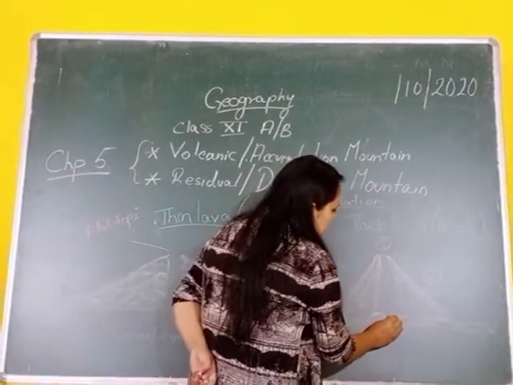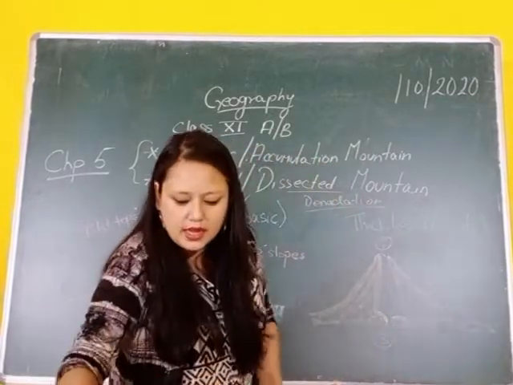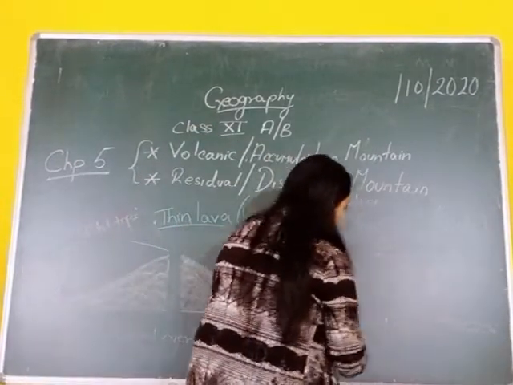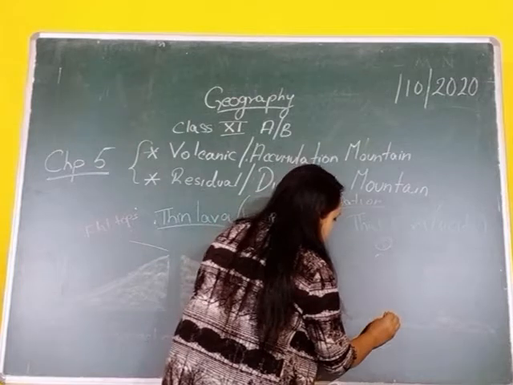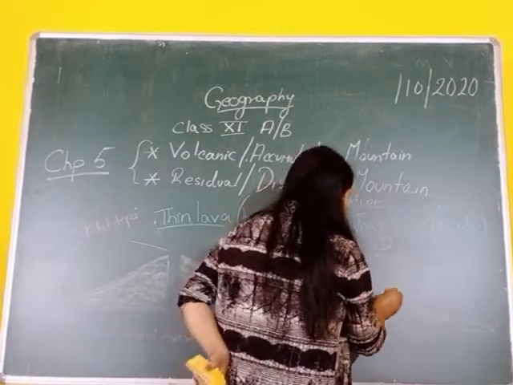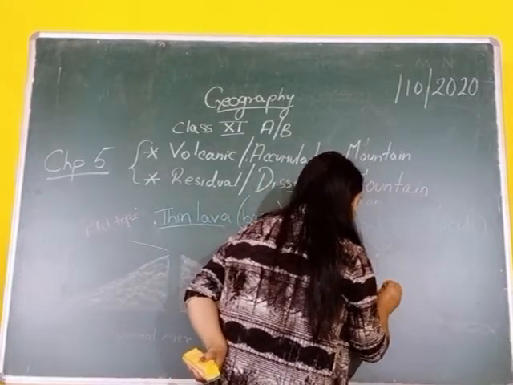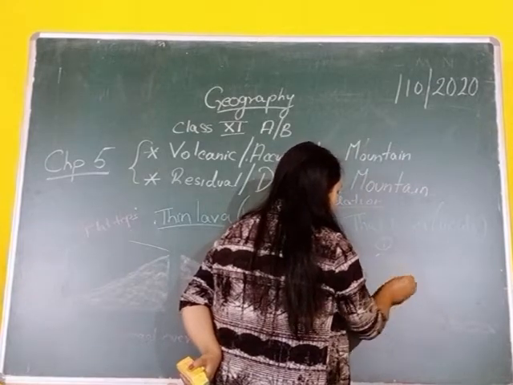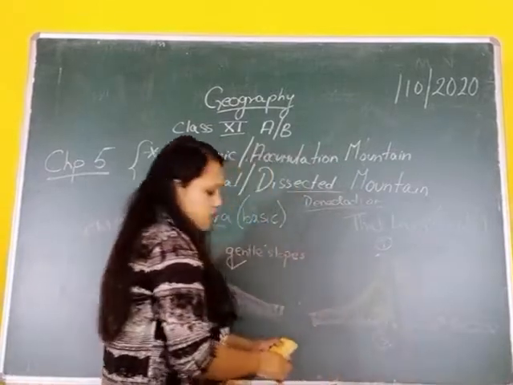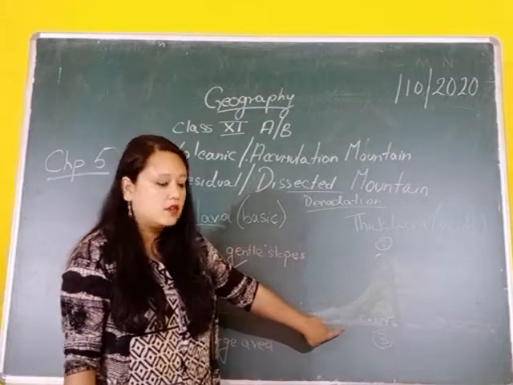The lava started solidifying at the mouth of the volcano itself, and this led to the formation of a tall volcanic mountain. So this is how the tall volcanic mountains were formed. You can see the difference in height: this has a low height and this has a greater height.